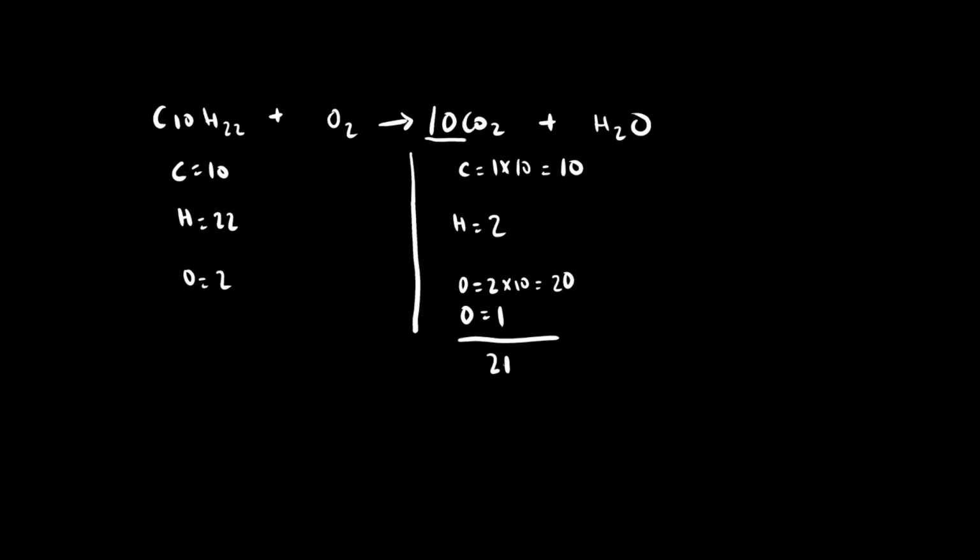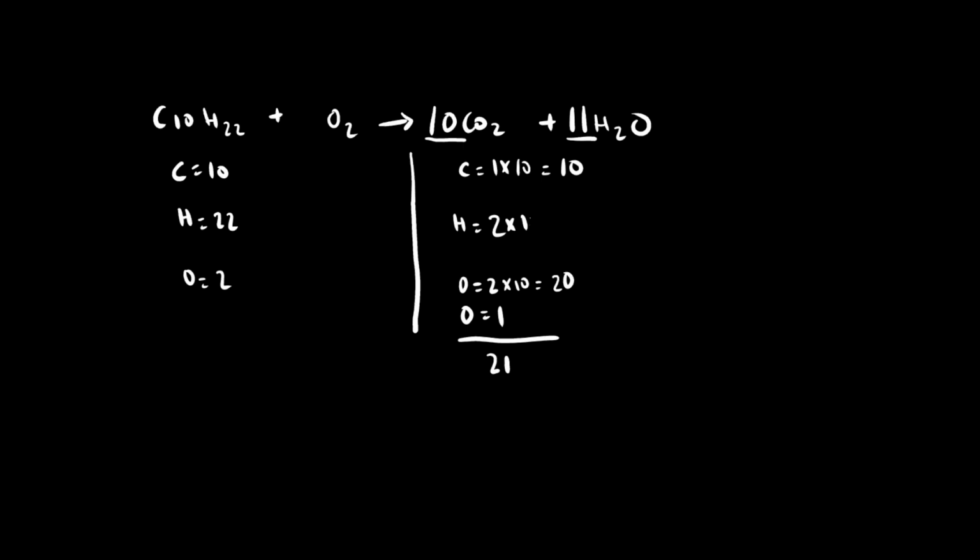Let's go ahead and try to balance the hydrogen next. We have 22 on the left, 2 on the right. Least common multiple of the 2 is 22. So we need to multiply the water by a coefficient of 11.